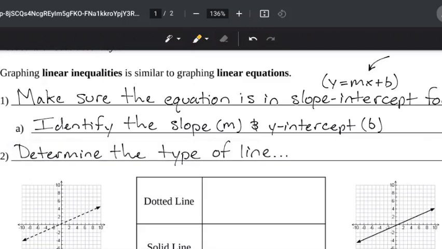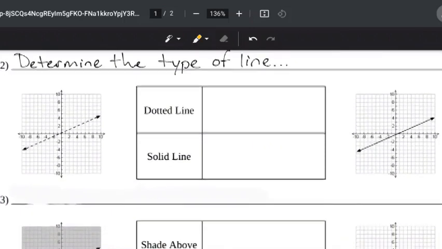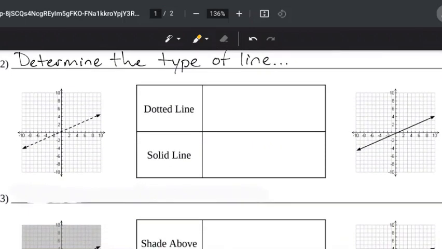We want to determine the type of line that we are going to use. So inequalities, not equal signs, inequality symbols. We have a dotted line, like we see on the left. We will graph a dotted line if we have a less than or greater than symbol. And then a solid line, we will graph if it's less than or equal to, or greater than or equal to.